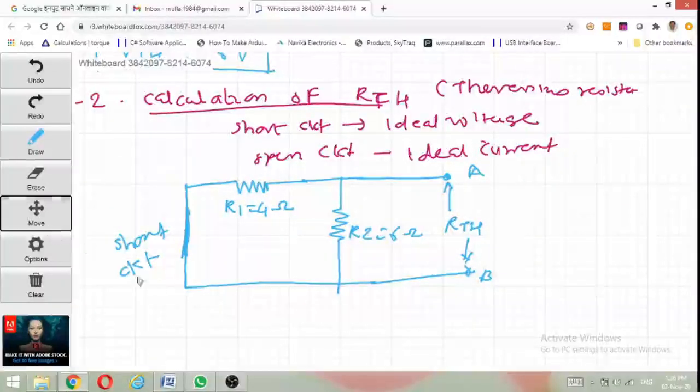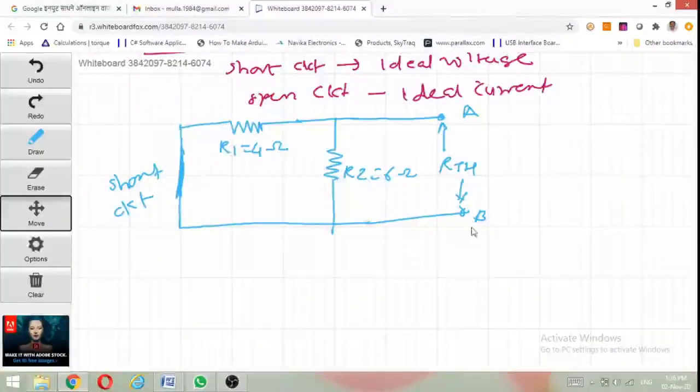In this figure, resistors R1 and R2 are in parallel.